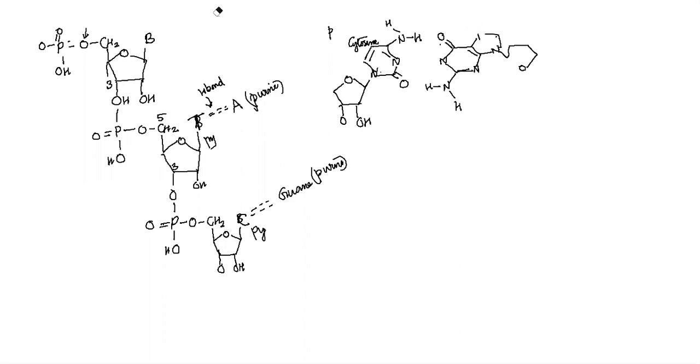There should be a double bond here, N, and a double bond on this carbon. Now, you have an H here. You can see the cytosine and guanine.